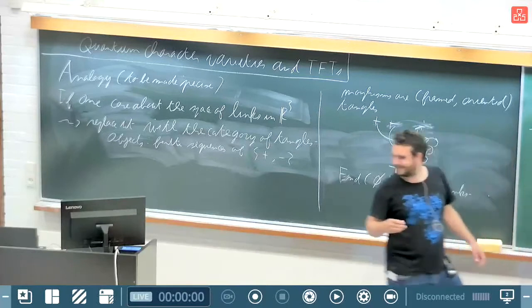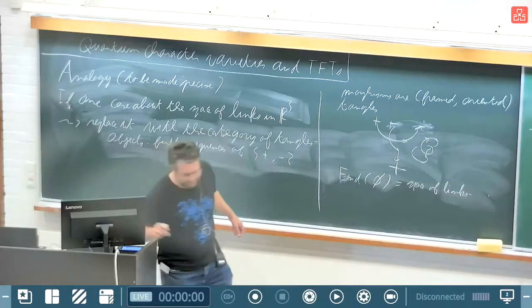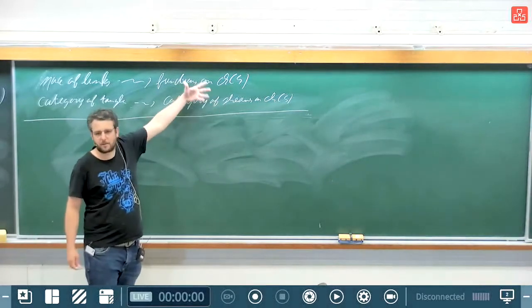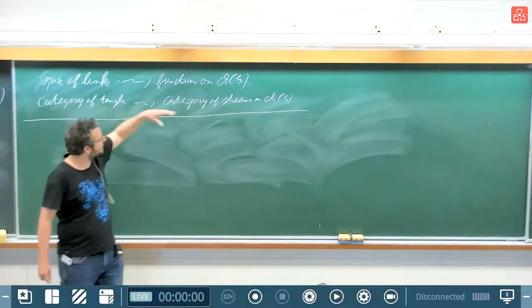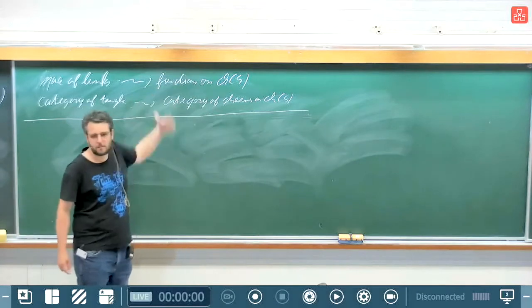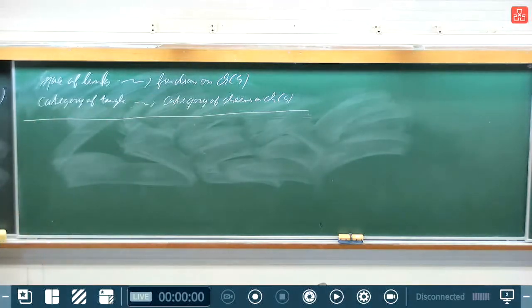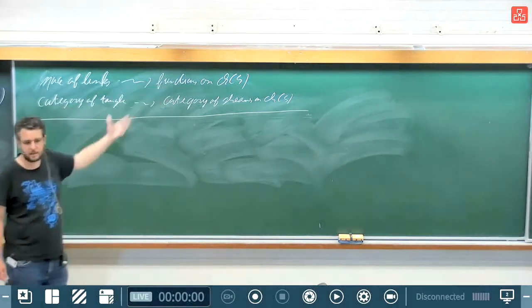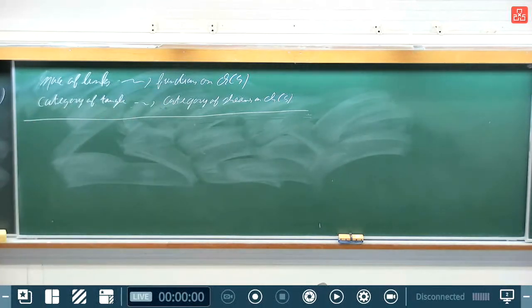And in the same way, we'll see that this category of sheaves has some particular distinguished object in it, and endomorphisms of this object will give you back the functions on the character variety. So it contains strictly more information than that, but it's actually better behaved.